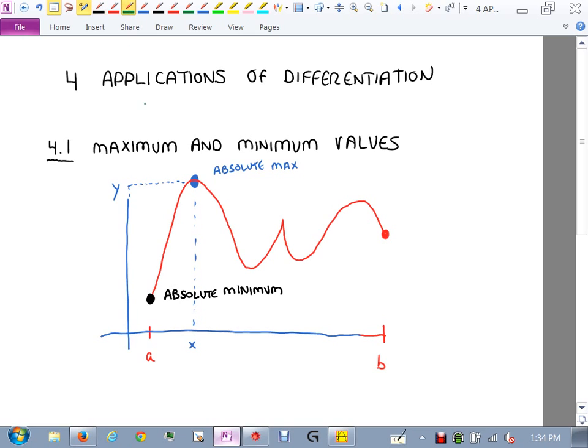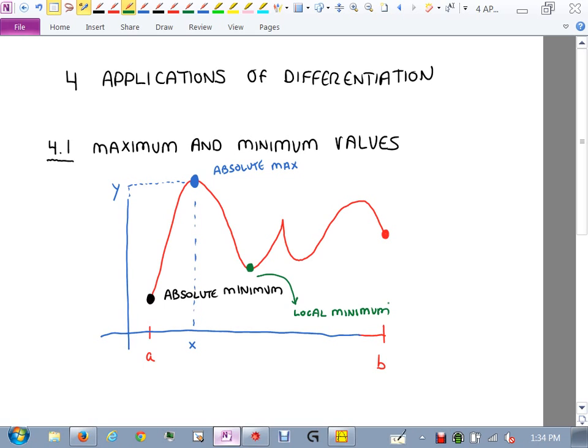So how about this point back here that we had said is not the absolute minimum? Could I consider that to be a local minimum? Yes, so the idea that you have to kind of struggle with here is, what do you mean by local? What is local?